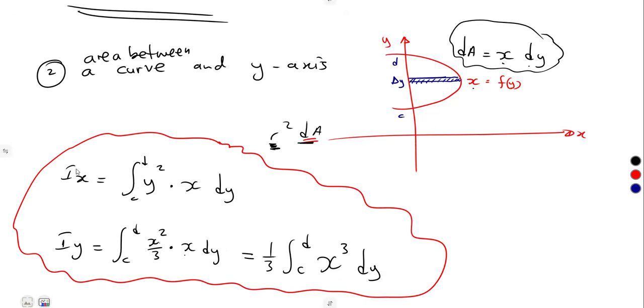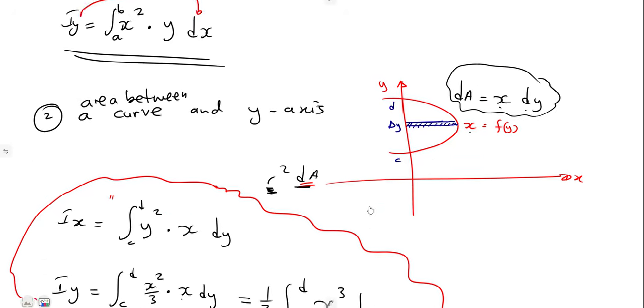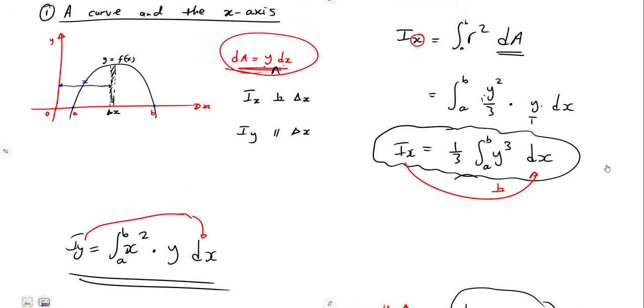The first one, Ix and dy, these two are parallel, and these two are perpendicular. So you use these just like what we saw here. These will be the two formulas that we'll end up using at the end.